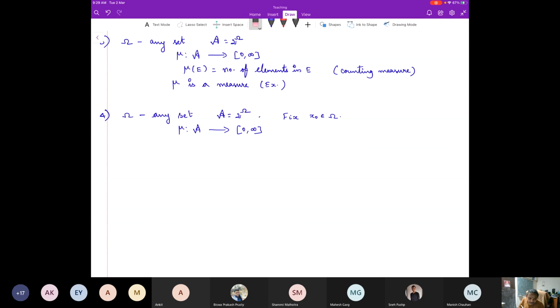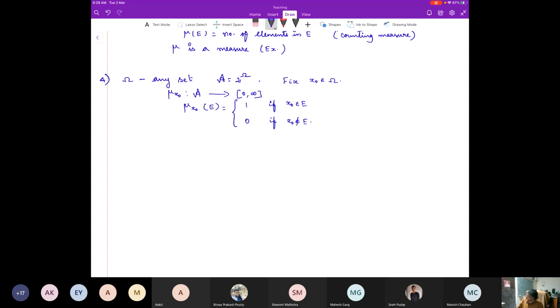Let me call it as mu x naught, because it is going to depend on this x naught. Mu x naught of E as 1 if x naught belongs to E, 0 if x naught doesn't belong to E.